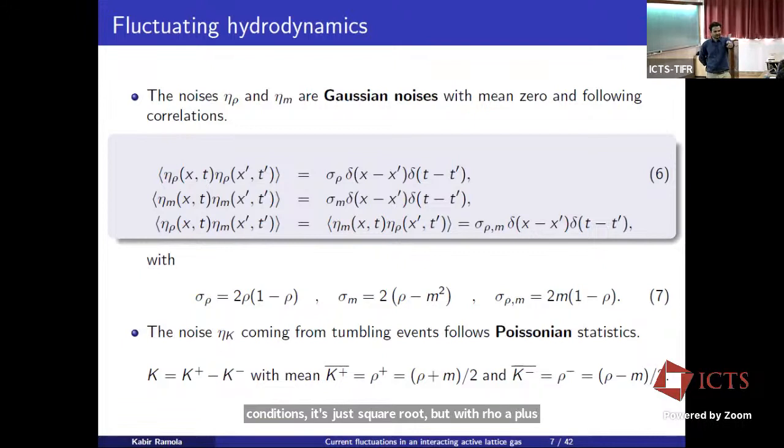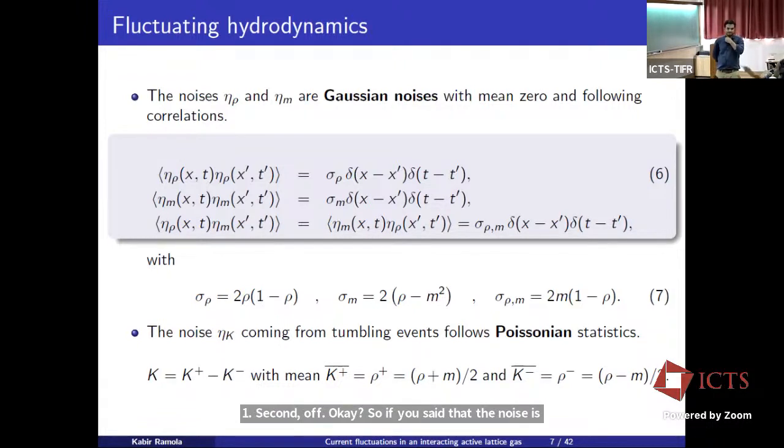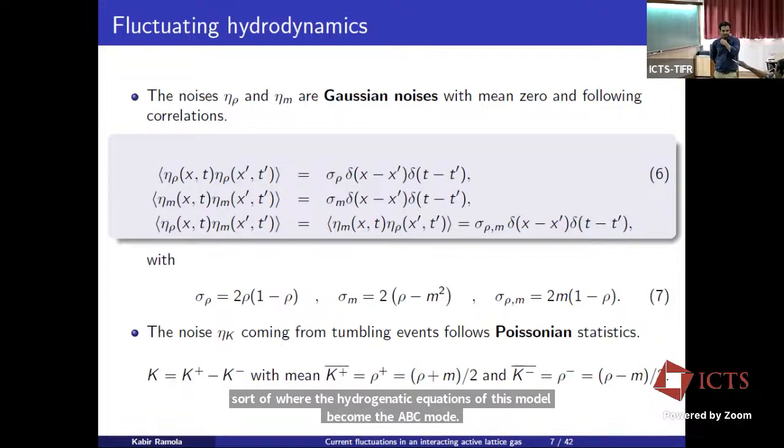One second. If you say that the noise strengths are of the same form as in the ABC model, this model you are studying must have some relation with the ABC model by mapping, right? Where is the mapping? I don't have the exact derivation of where the hydrodynamic equations of this model become the ABC model. I'm not sure, we'll have to check. So this is the assumption.